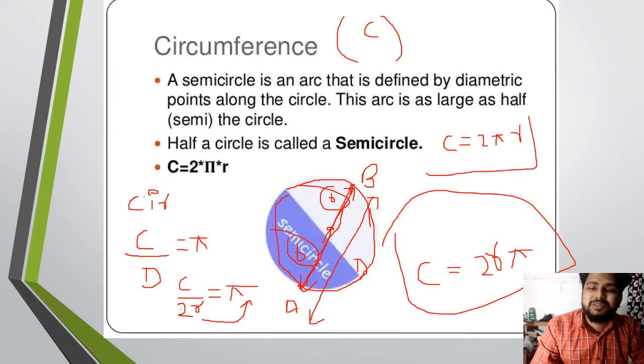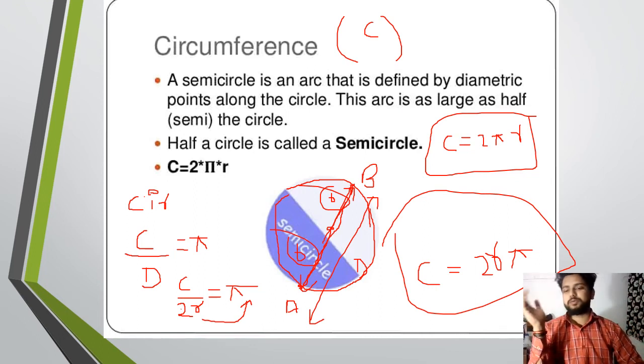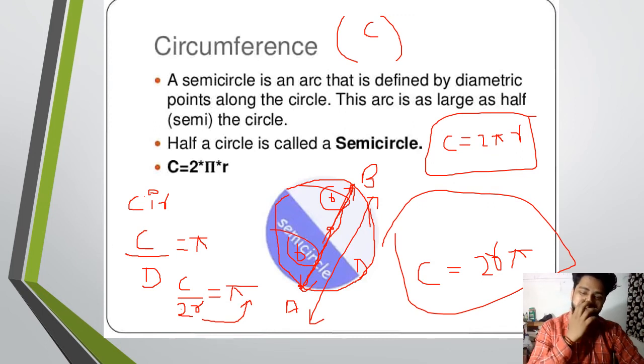There is no logic behind saying it is 2r pi or 2 pi r. We are just saying 2 pi r because it's easy to speak. It is a little bit difficult to speak 2 r pi, so we generally use 2 pi r.